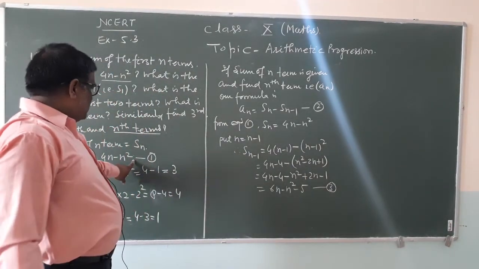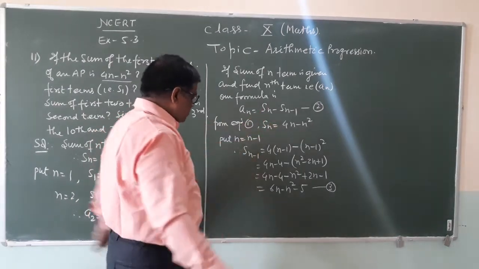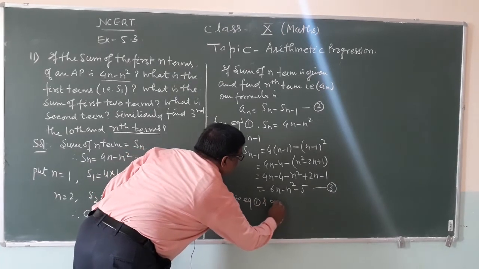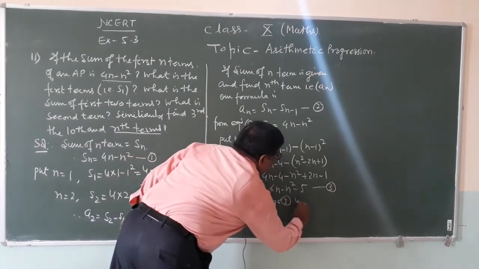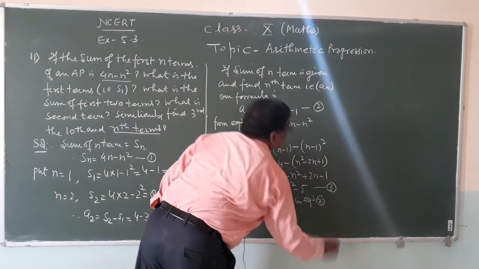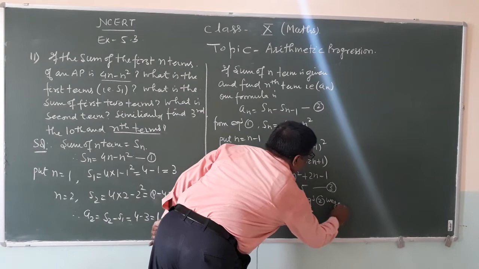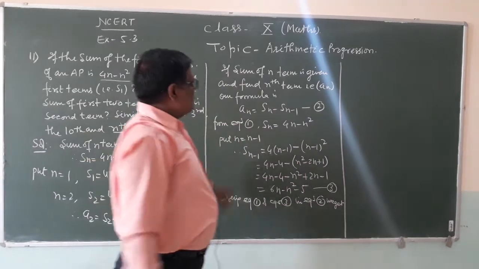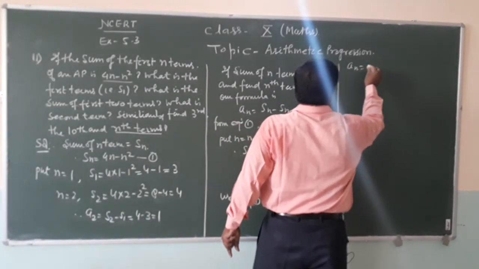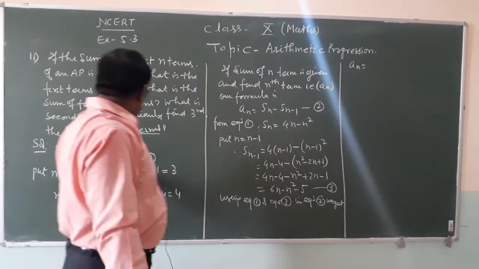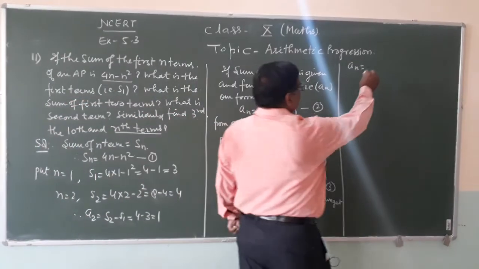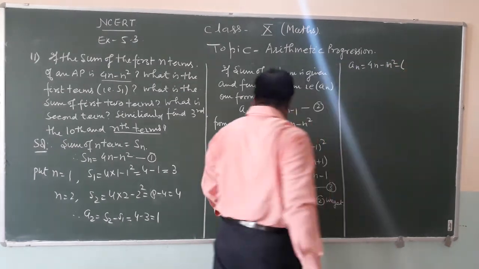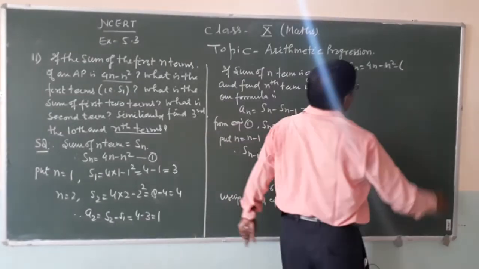Now, we have to use equation 1 and equation 3 in equation 2. Using them, we get an is equal to Sn, that is 4n minus n square, minus in bracket 6n minus n square minus 5.